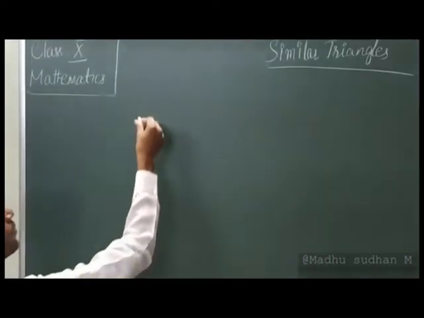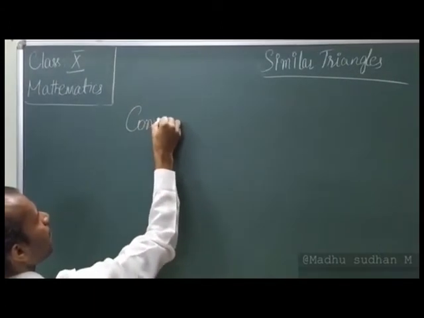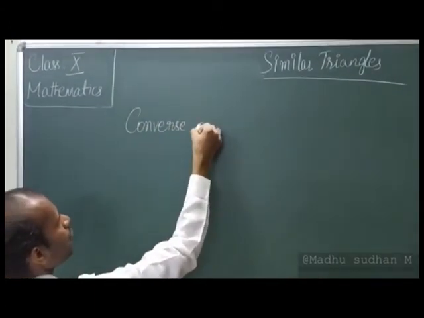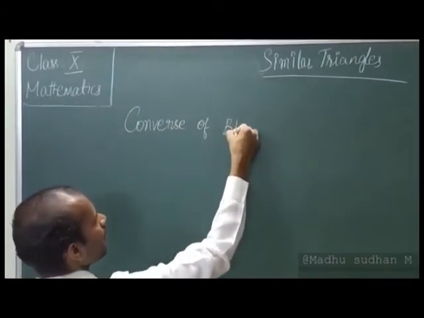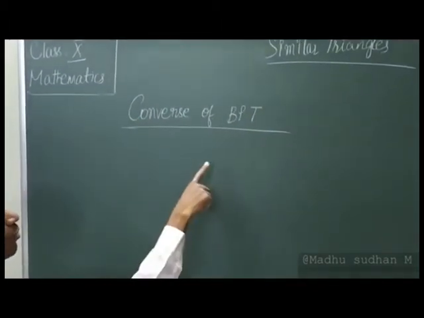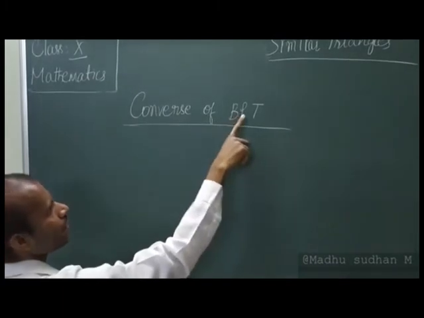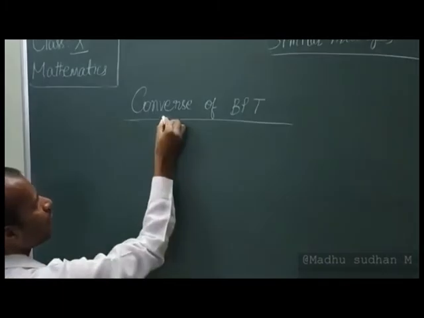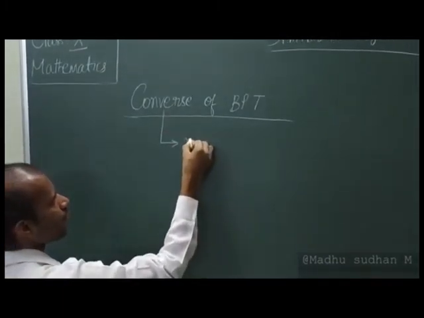So moving to the next topic, the converse of BPT. Even before we go for the converse of the basic proportionality theorem, we need to understand what is the meaning of converse, right?